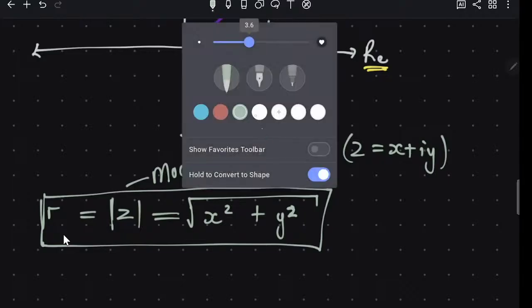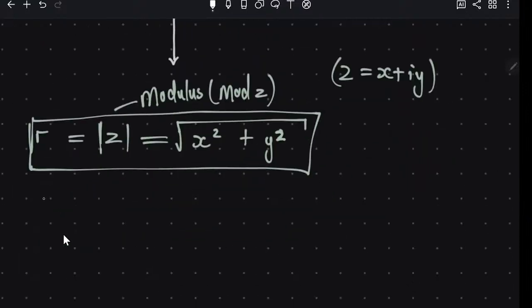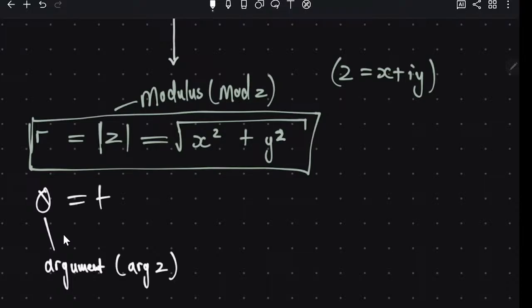Then from the modulus, we can find also theta. Theta is called the argument. And they'll say find arg z. Mod z, arg z is the argument. It's theta. It means tan inverse of y over x, of imaginary over real. This gives theta.